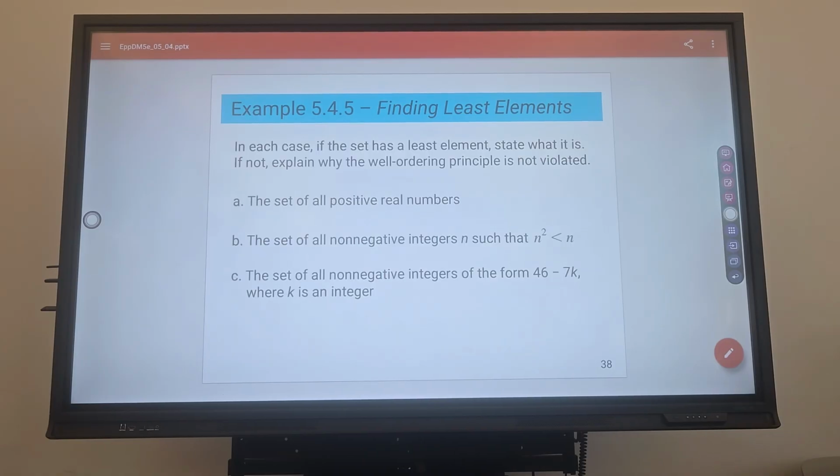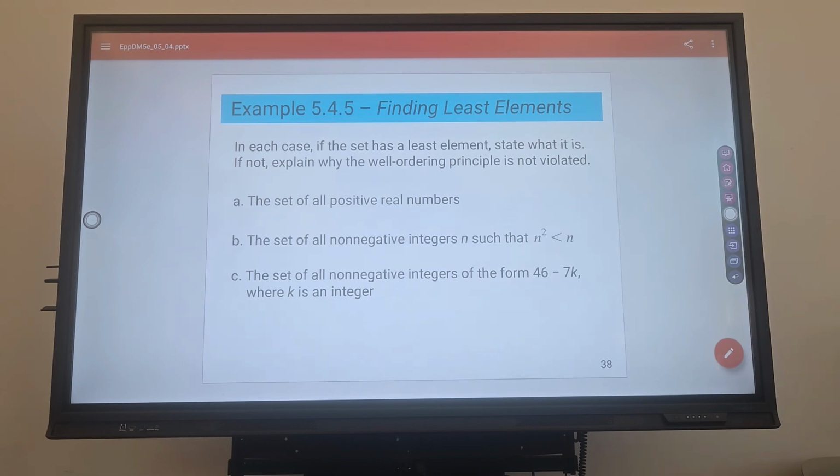The set of all positive real numbers. Is the well-ordering principle violated? What's the smallest positive real number?